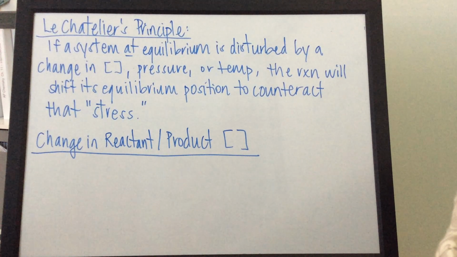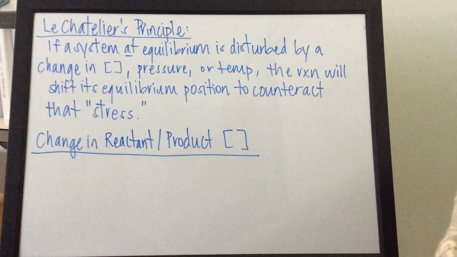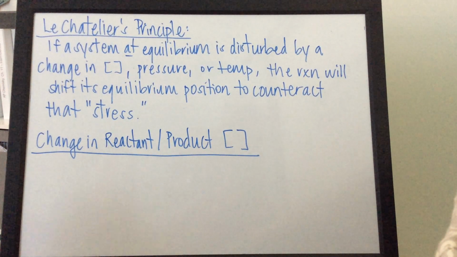Le Chatelier was a French chemist who studied disturbing equilibrium systems. The underlying idea of this principle is what's written right here.